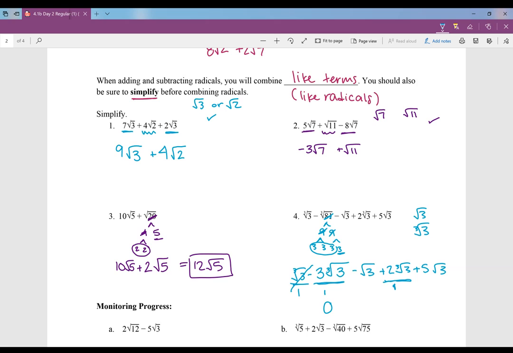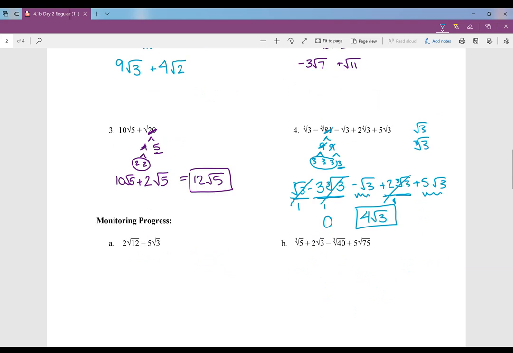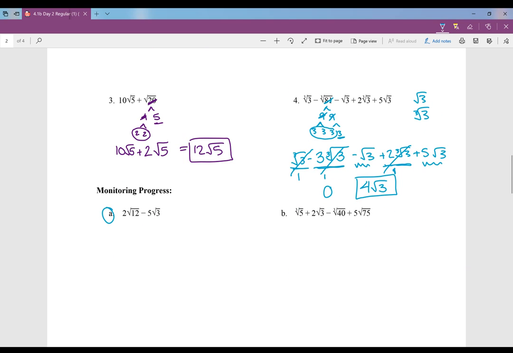They're all going to cancel out. And then for our square root of 3's, we have minus square root of 3 plus 5 root 3. So negative 1 plus 5 is going to be 4 root 3. And that will be your answer for number 4. Okay, so try these monitoring progress questions. In the next video, I will give you the answers.